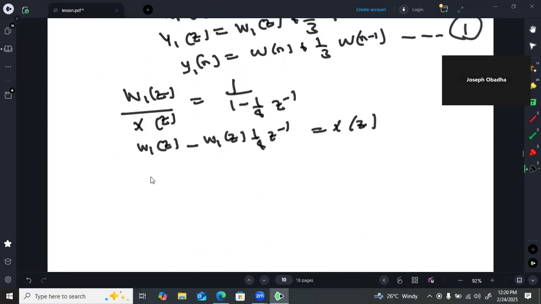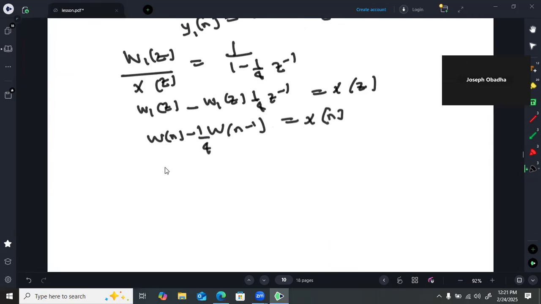Or we have here w[n] minus 1/4 w[n-1] equal to x[n].